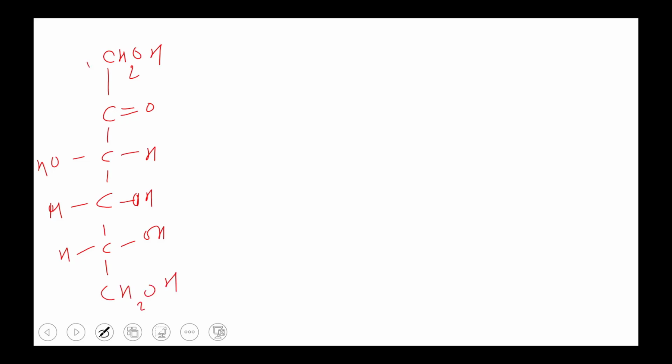This is the first carbon, the second, third, fourth, fifth, and sixth carbon. This is D-fructose. Here the functional group is the keto group, whereas in glucose we have the functional aldehyde.